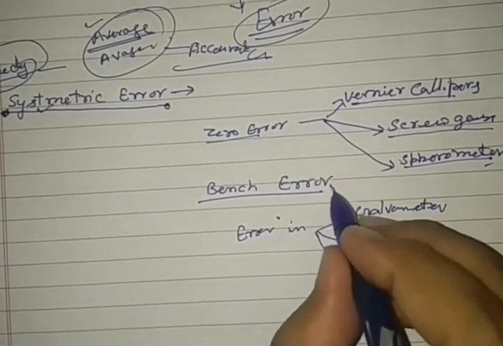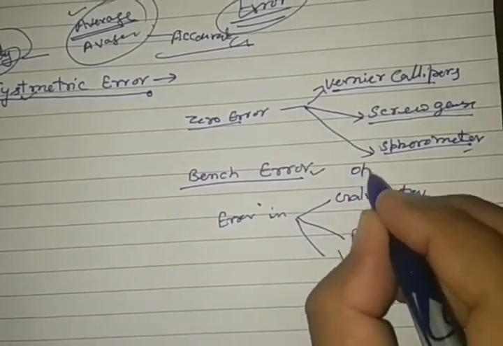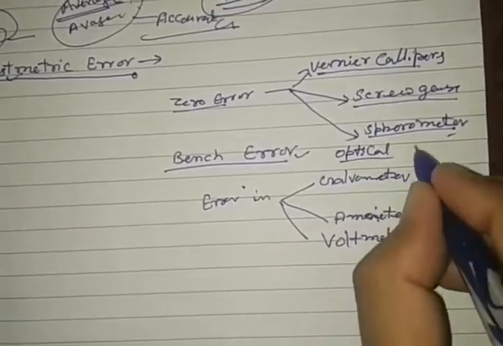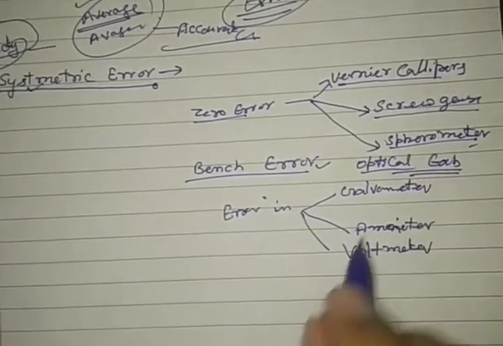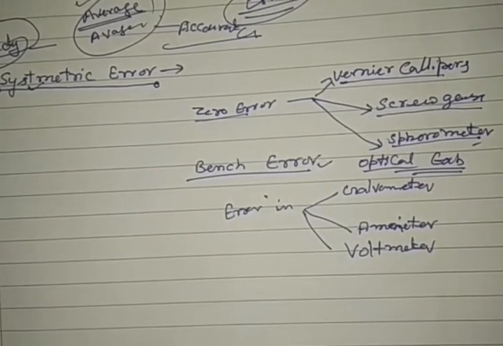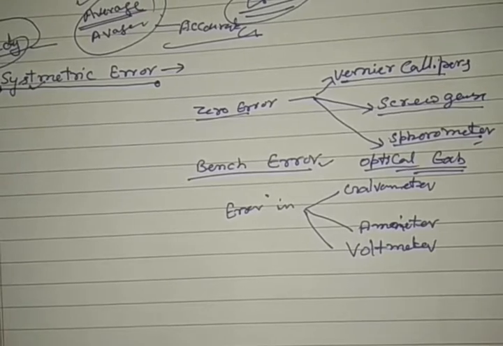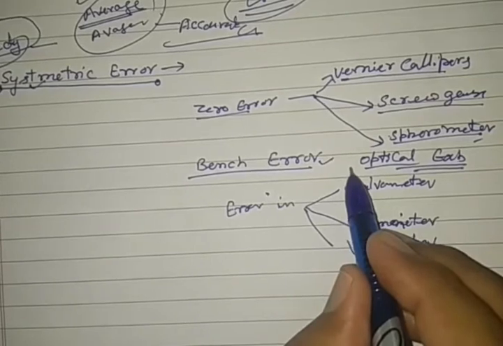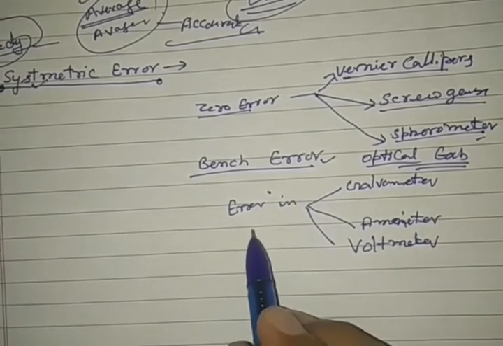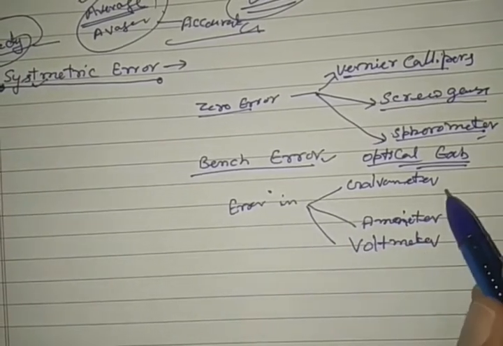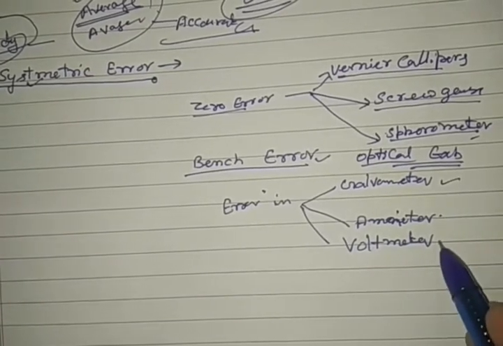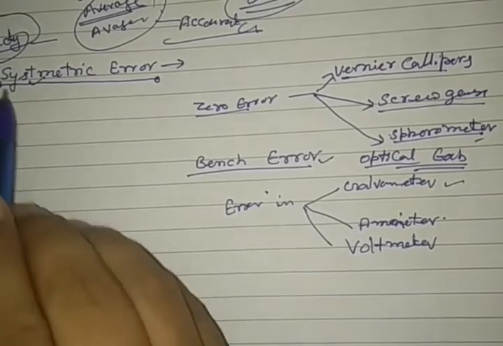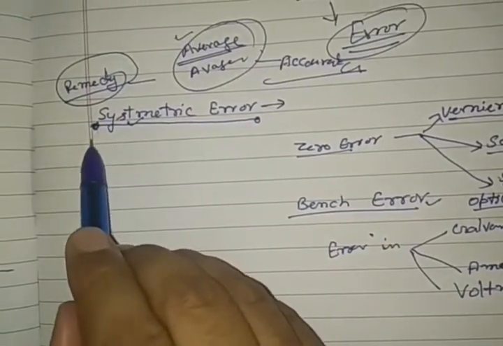When we use an optical bench to obtain the focal length of a concave lens or concave mirror, the error is also available. Error is also available in the case of a galvanometer, ammeter and voltmeter. The error is always present with the instruments, so this type of error is called systematic error.